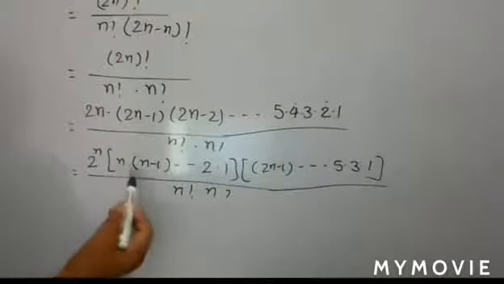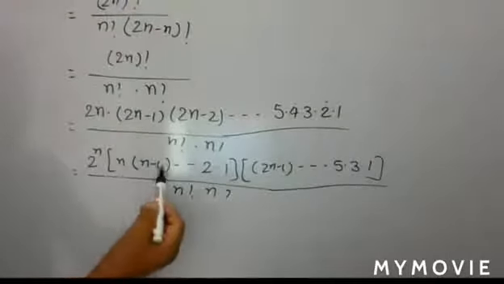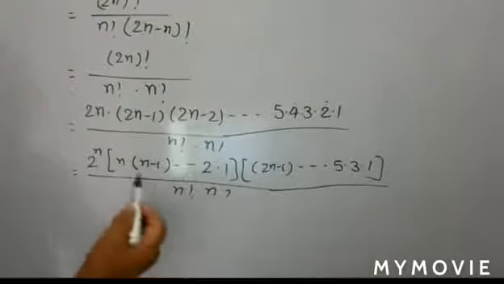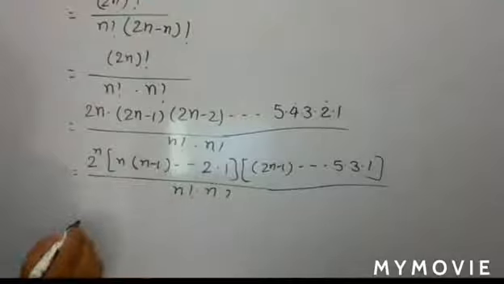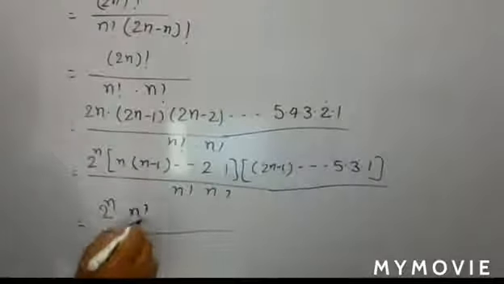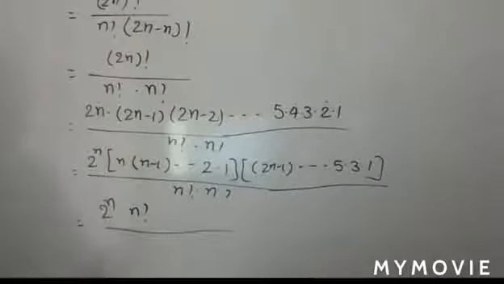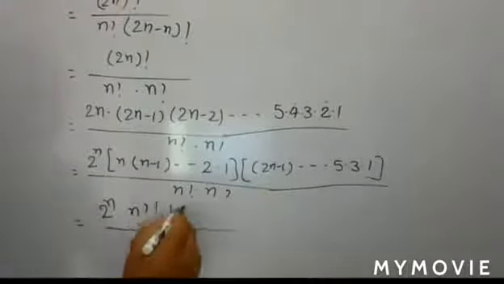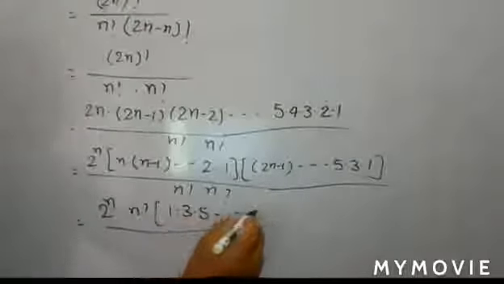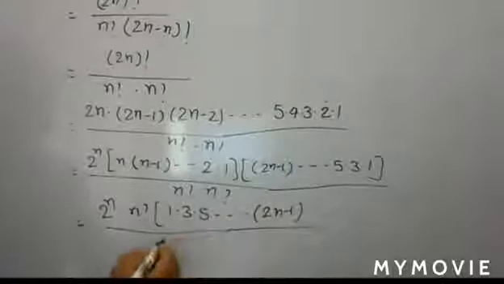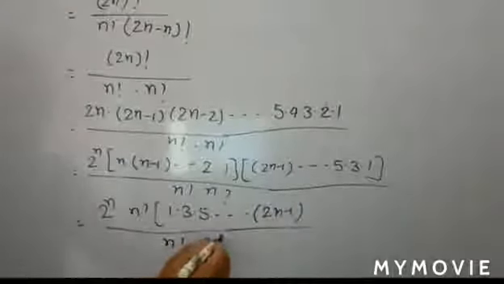And if you think about n, n minus 1, and so on, you have the continued product of the first n natural numbers, so that is factorial n. So write 2 to the power n into factorial n, and the odd terms can also be written as 1 into 3 into 5 up to 2n minus 1, whole divided by factorial n into factorial n.